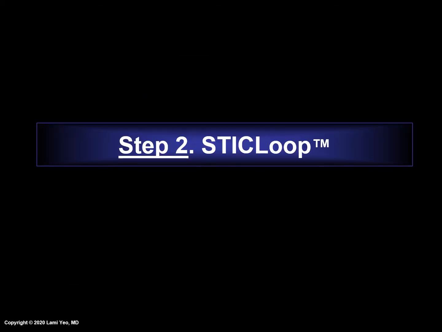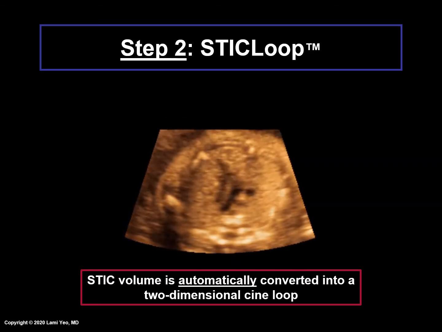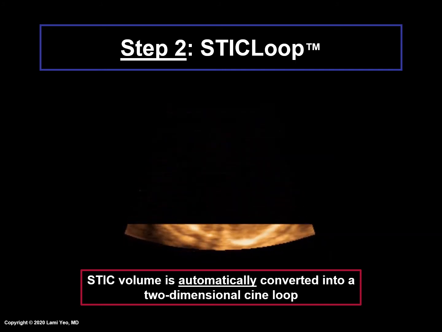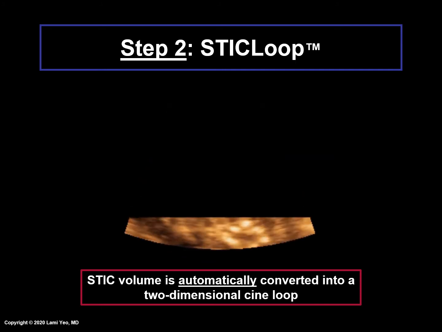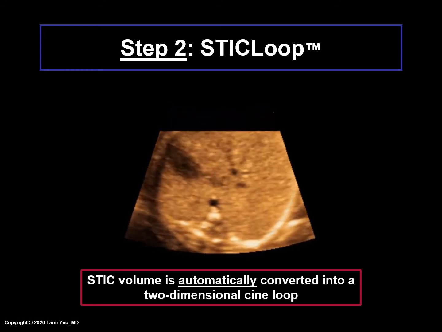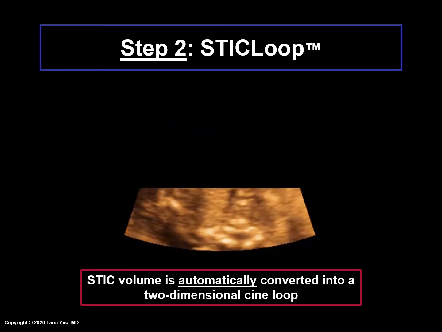The second step is STIC loop. Once a STIC volume has been acquired, FINE automatically converts the volume into a 2-dimensional cine loop that scrolls in a continuous fashion. This is why it is known as STIC loop.